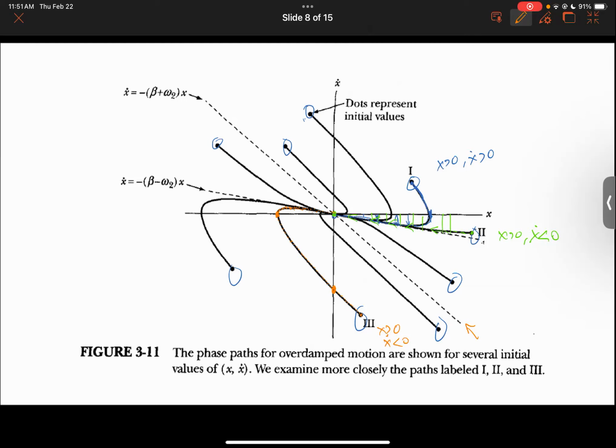So meron siyang speed, and then dahan-dahan siyang babalik dun sa equilibrium position. So mabilis, and then balik sa equilibrium position. So yun yung iba't ibang scenarios nung overdamped na motion.